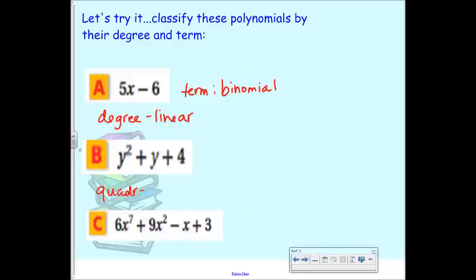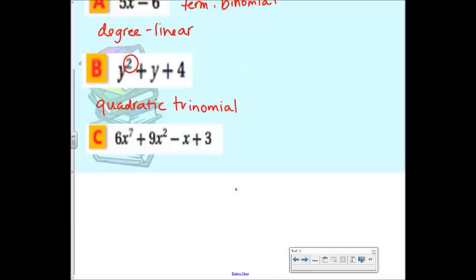All right, and then last but not least, this one goes to what degree? 7th. Do we have a name for that? 7th degree. So it's just 7th degree. And then polynomial. 7th degree polynomial because it's got more than 3 terms.